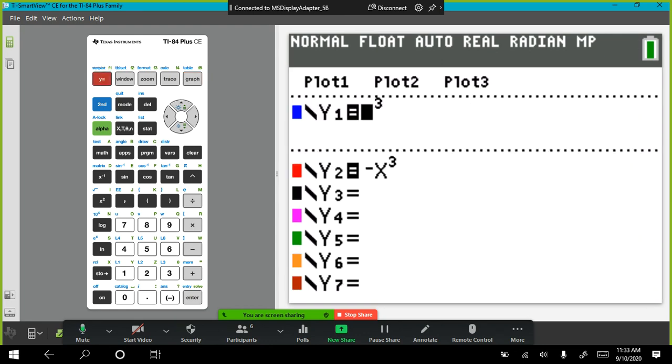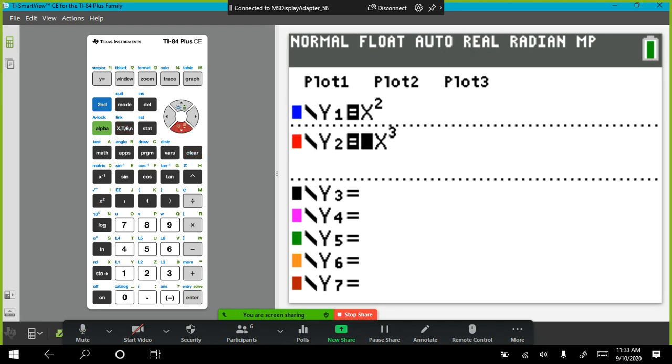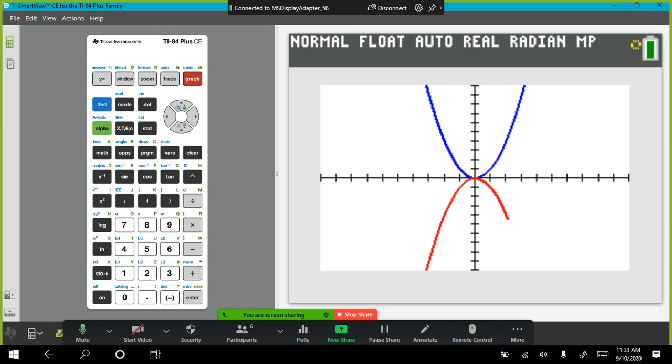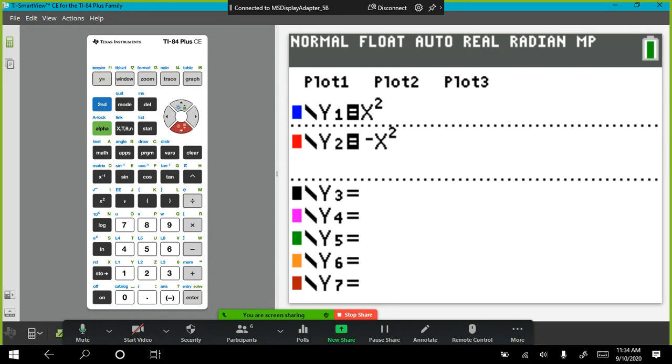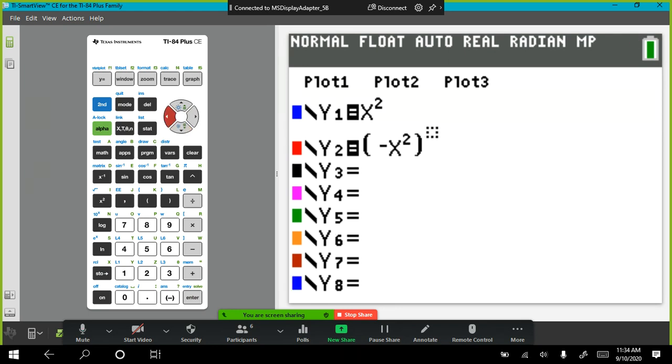Okay, if I had, let's just go with the x squared. Negative x squared. Notice there's the original, it flips it. Now even if I have negative x squared, let me delete that. Whoops.